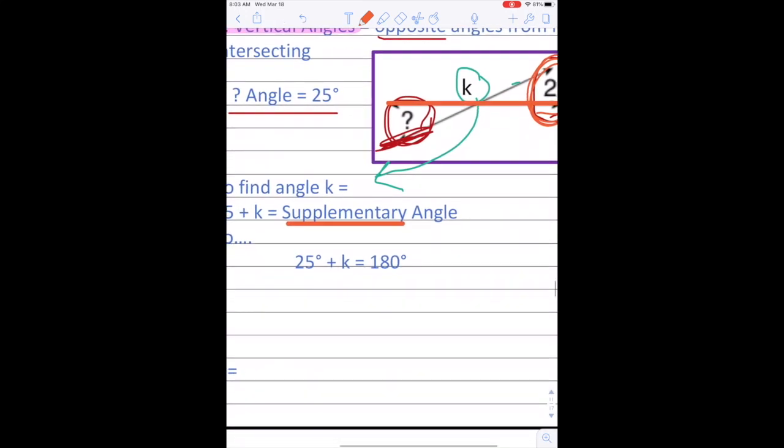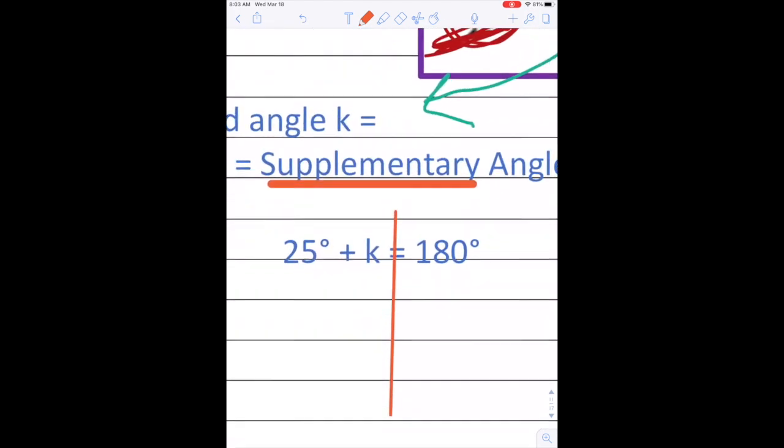So now I'm going to go ahead, draw my line down the equals, and 25 here is positive, so I'm going to take it away. Those cancel out. So I still on this side have K. And this side, 180 minus 25.